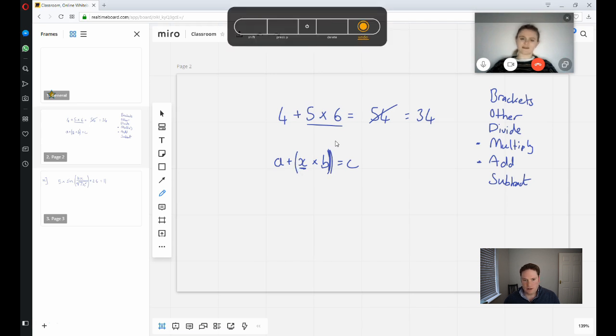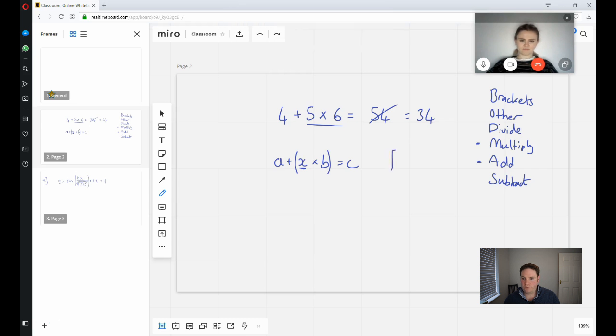So we get rid of a first, and it's going to be minus a because a is plus. So that would then be x times b equals c minus a. What do we do from there? Then divide both sides by b.